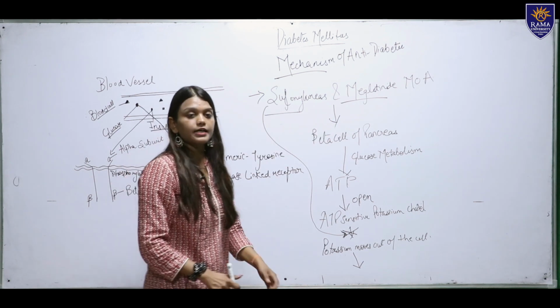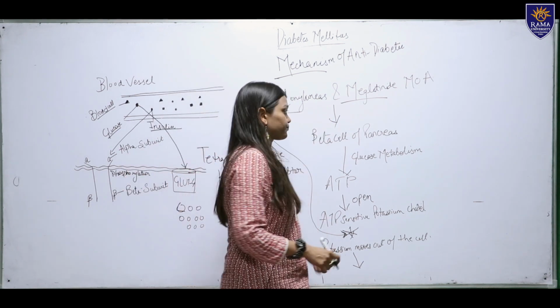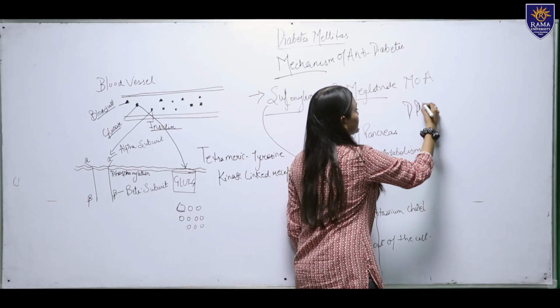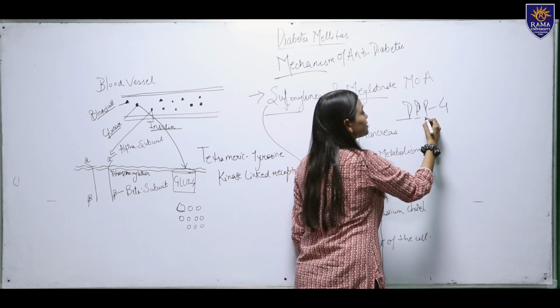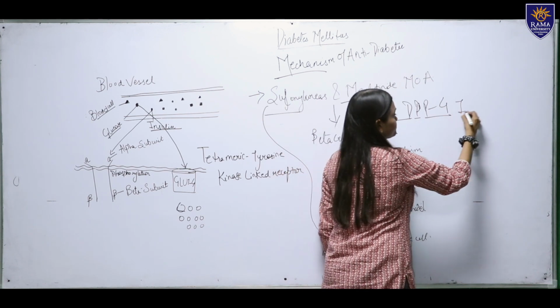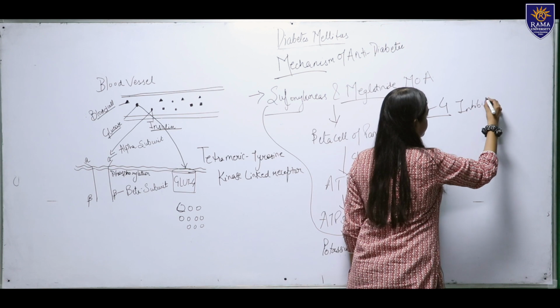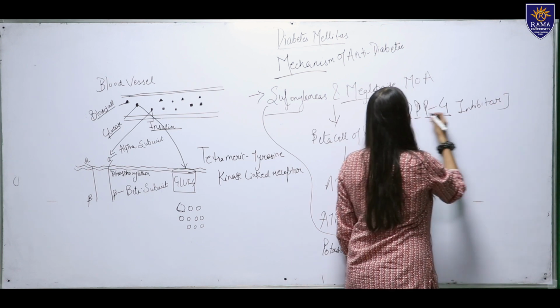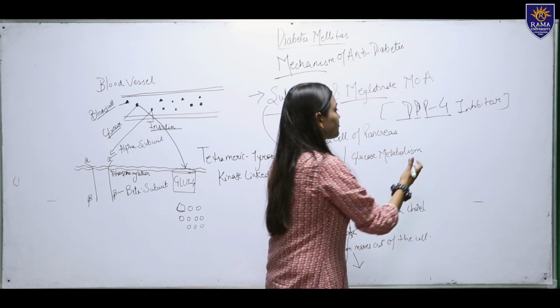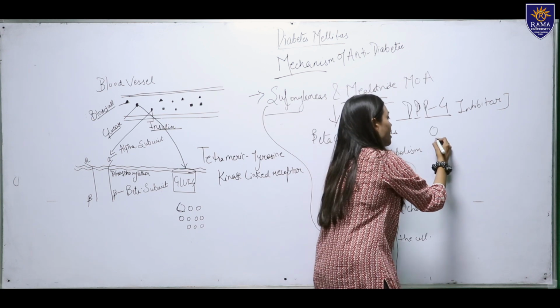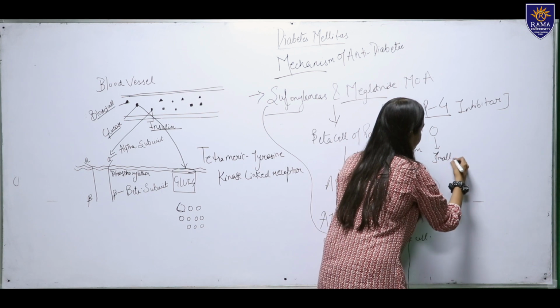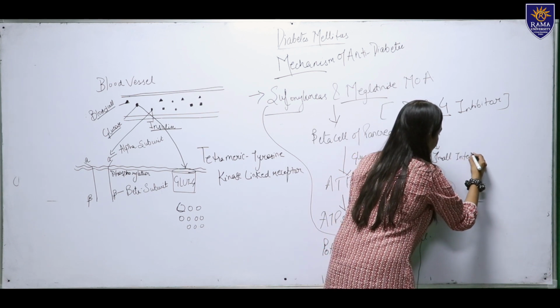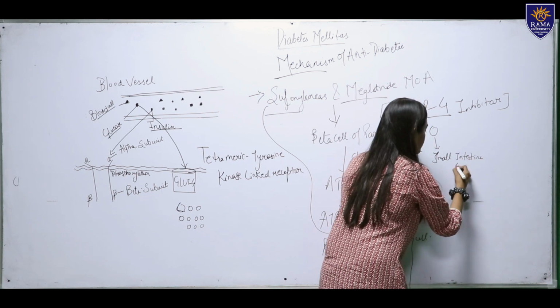Next we come to the mechanism of DPP4. DPP4 is what? Dipeptidyl peptidase 4 inhibitors. In this, for example, we have eaten something, and after digestion in the small intestine, two things are produced.